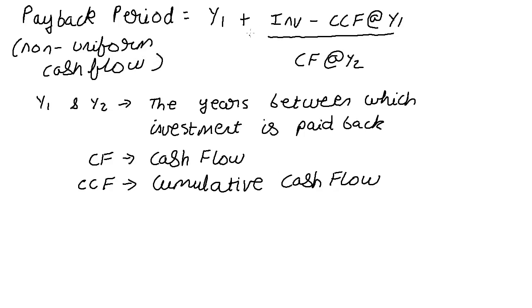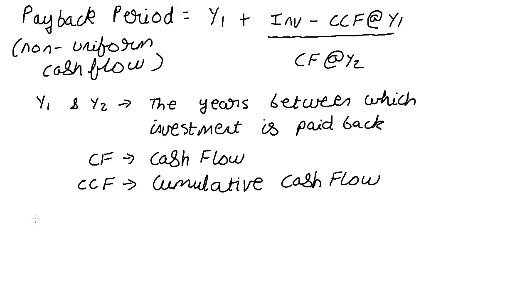Our formula is Y1 plus investment minus cumulative cash flow at year 1 upon the cash flow at year 2. Now, when we are given a question, it's going to be something like this. You have made an investment.